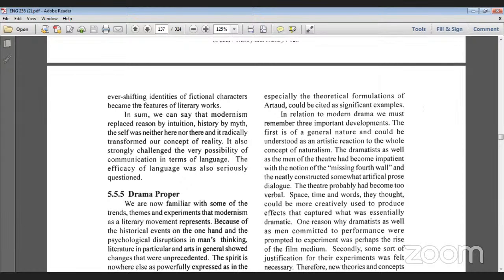Okay. For the further part, we will prepare for the comment on the characteristics of classical Greek drama. Okay, which is also important. What is a Greek drama?